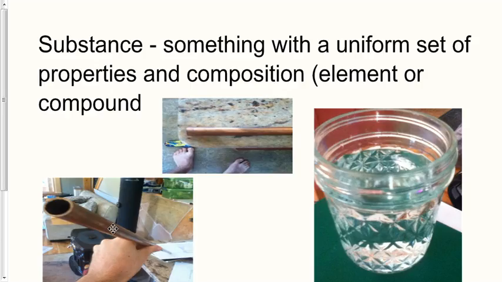The copper is a substance. I said it was an element. That doesn't mean the same thing, excuse me. But all elements are substances, and water is also a substance because it's a compound. The water in the glass. The glass itself is also a compound.